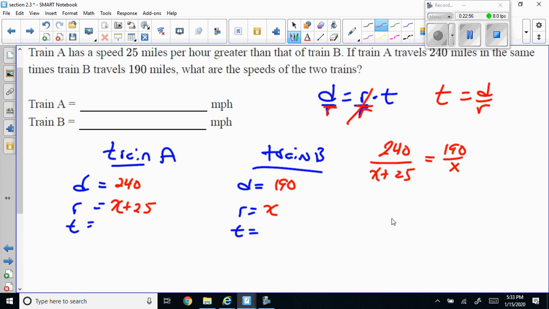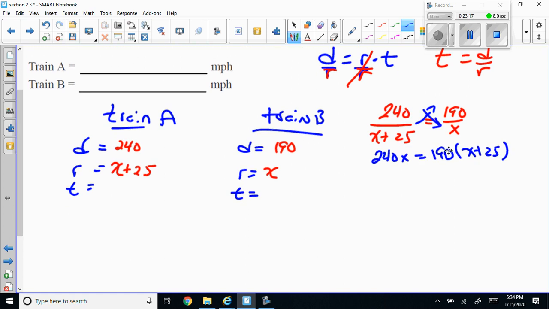All right, so I've got a fraction equal to a fraction. So what do you think we're going to do? There you go. 190 times 25 is what? 4750.